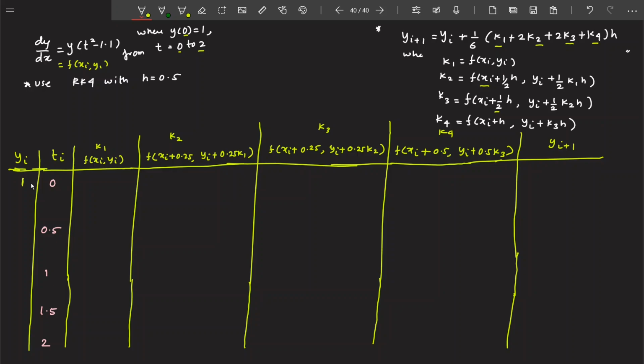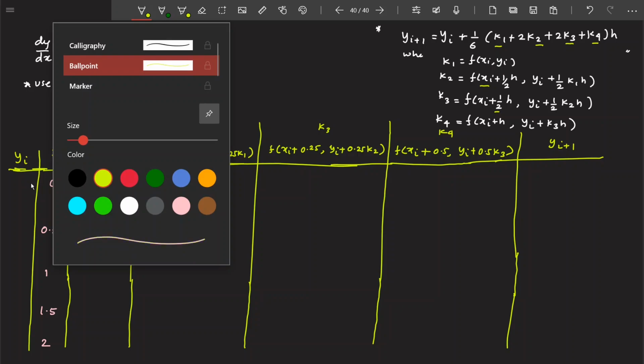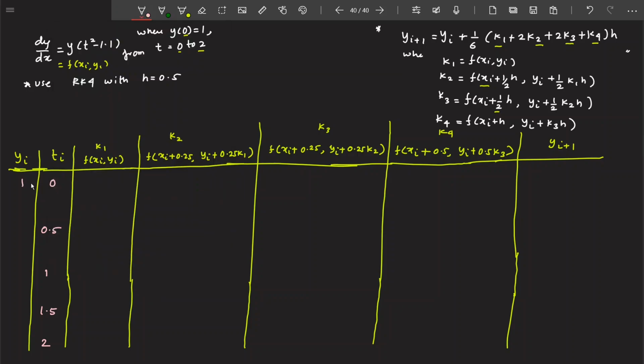Now what you're going to do is substitute the value of ti. One more thing I did here is, this should be t. Now I think this looks good. So basically this is going to be f of t is 0, y is 1, so you have to substitute 0 and 1 in your equation f.